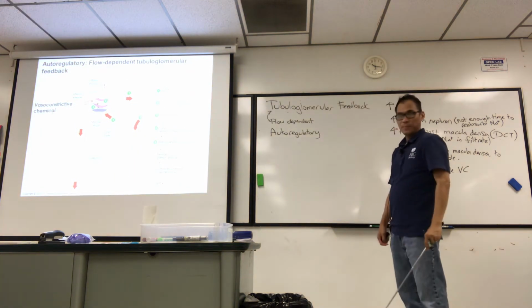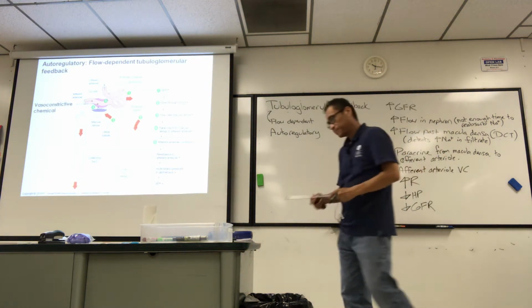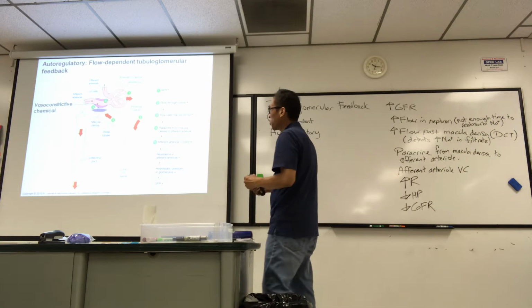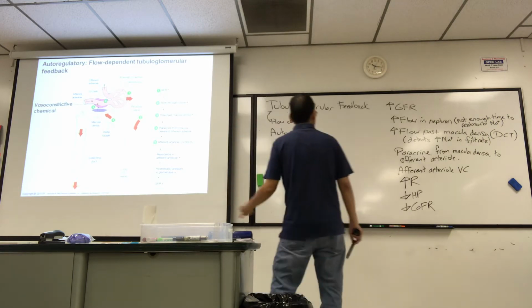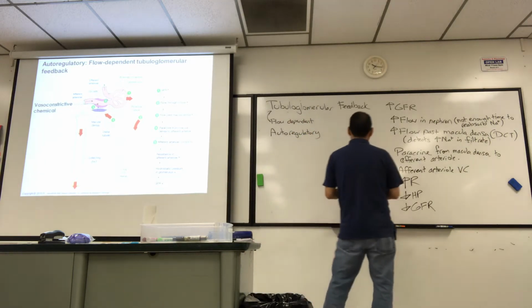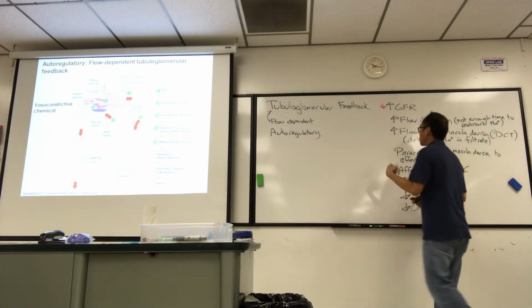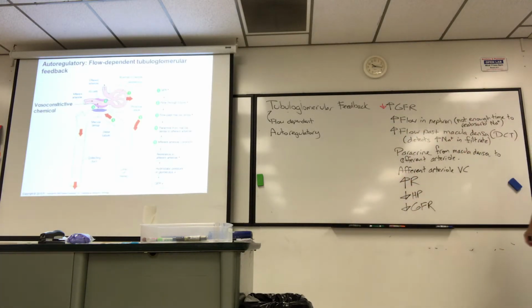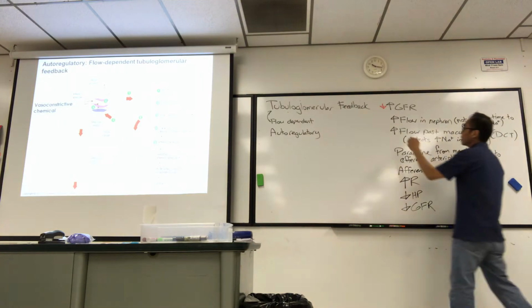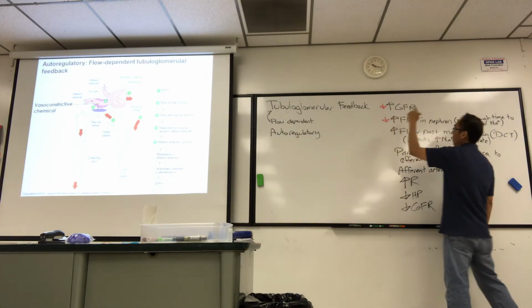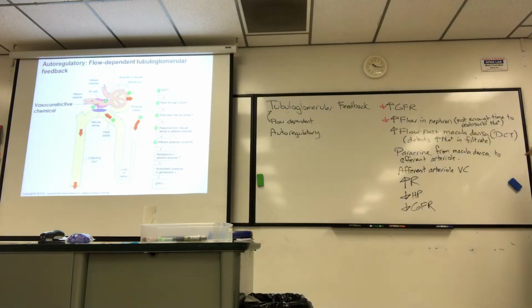Now, the opposite could be true. This only showed you one imbalance. What if the imbalance was GFR was getting too low? Just reverse everything in your head. So now flow is too slow. We want to get it back up to speed. So you're going to decrease flow in the nephron. Now instead of not enough time, well, you have too much time.